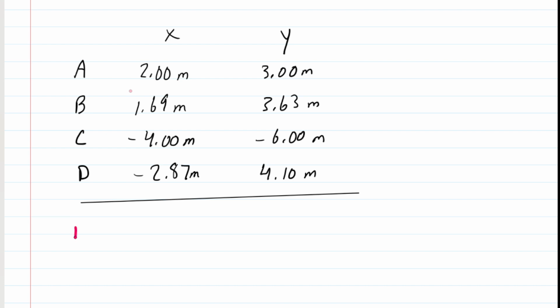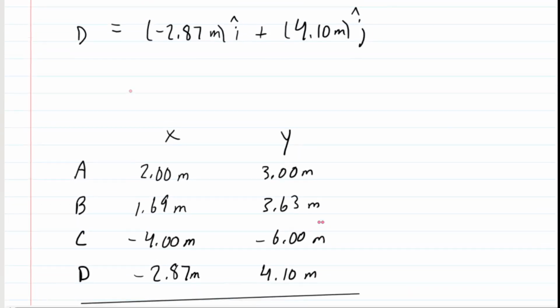We're just going to call that sum R, which stands for resultant. And it's quite simple. For the x components, all you're going to do is just add them together. When you add those components together, you will get approximately negative 3.18 meters. And then when you add the y components together, you will get approximately 4.73 meters.